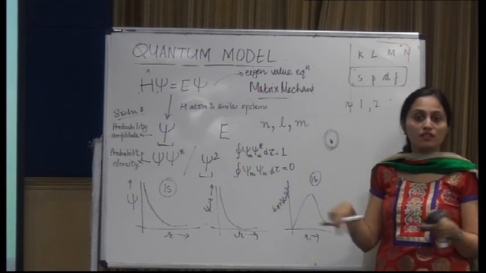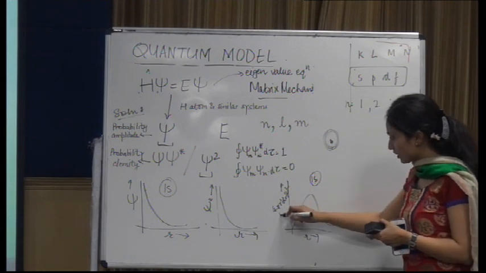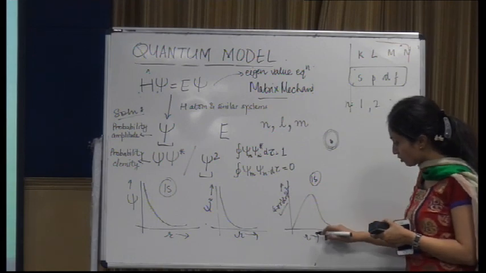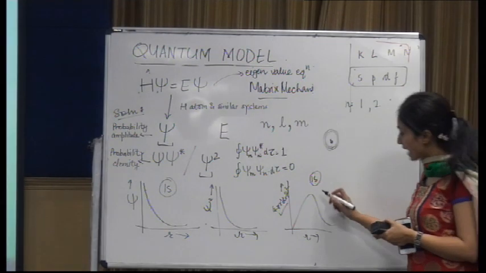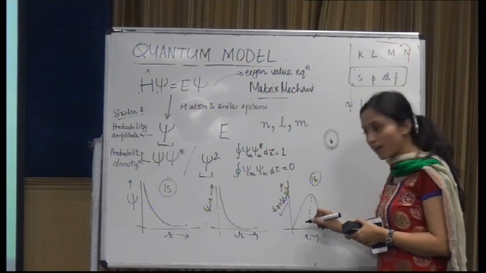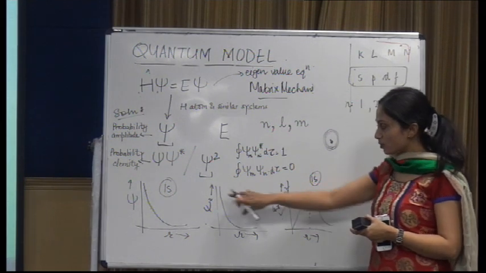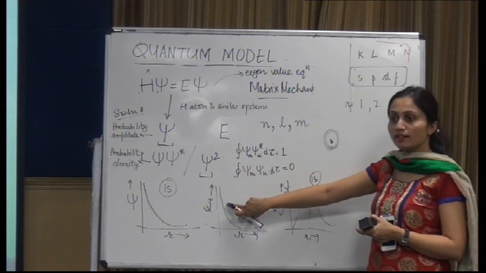Now here this volume of spherical shell gives you a plot which goes like this. Okay. And here what does this tell you? That there is a maximum probability of finding the electron, because this was giving you the maximum probability at r equal to 0. What was this plot called?